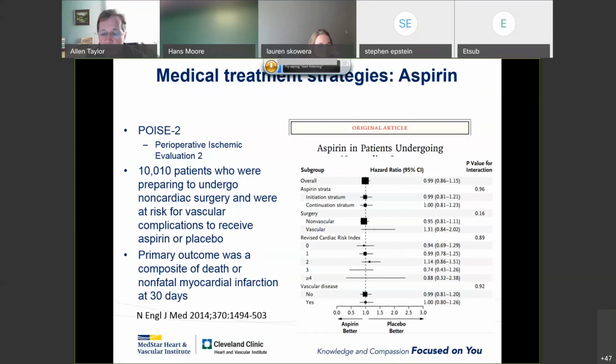And looking across the RCRI strata, from 0, 1, 2, 3, and greater than or equal to 4, there was no significant effect of aspirin in these groups. So in essence, aspirin should not be initiated prior to non-cardiac surgery in a patient who's at risk, and continuation is reasonable as long as bleeding risk is also reasonable.